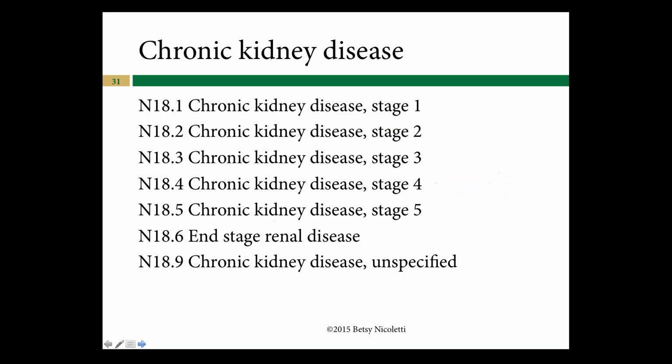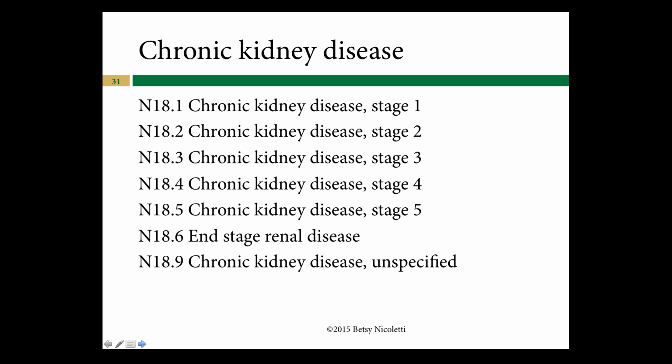But after that code first instruction that we have, the stages of the chronic kidney disease, those codes are just about exactly the same as in ICD-9. They're going to cross, and we're not going to really have any trouble coding for those conditions.